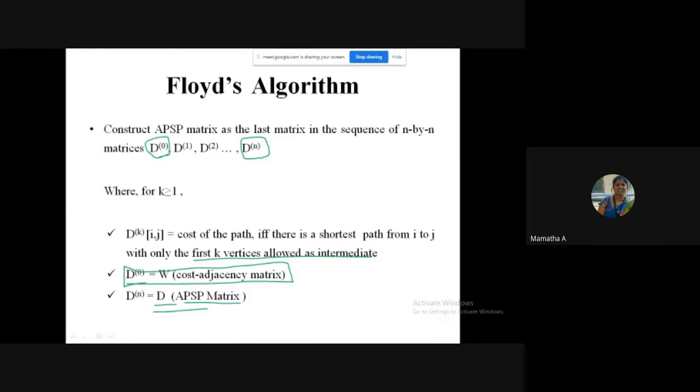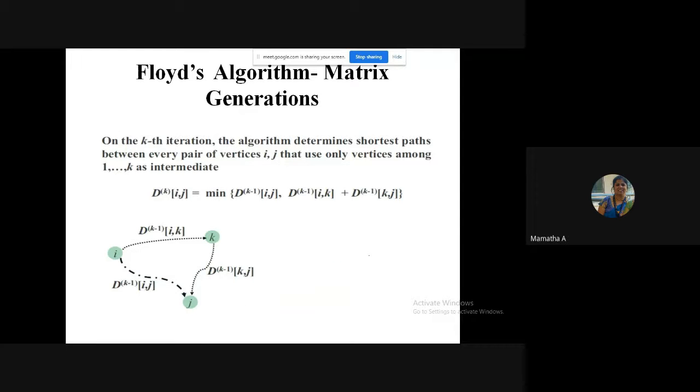Now, the same formula we had used, I'll use again. On every kth iteration, the algorithm determines the shortest path between every pair of vertices i comma j using only vertices from 1 to k as intermediate.